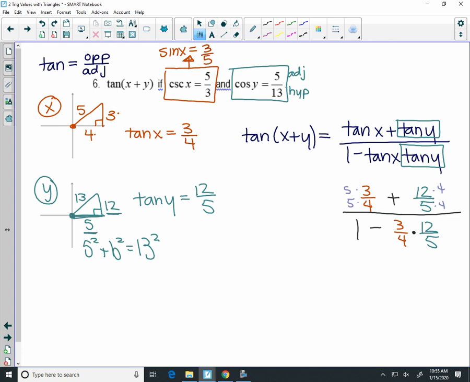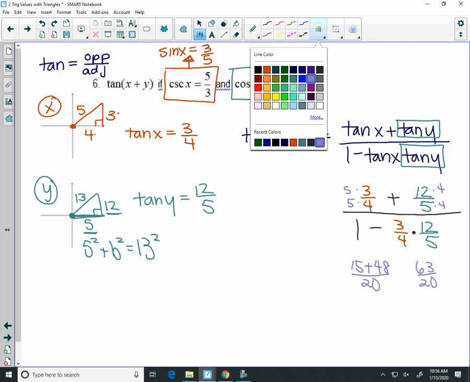So that's going to be 15 plus 48 over 20. That's the numerator. So you're going to get 63 over 20. And in the denominator, you're going to do that 1 minus.